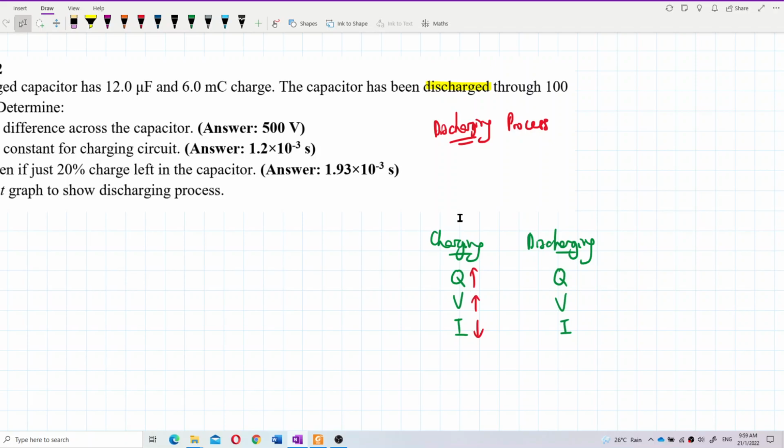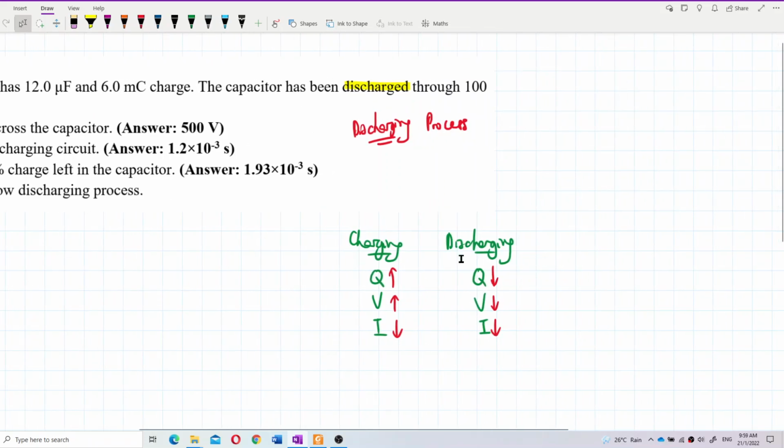In the discharging process, all will go down. Current, no matter charging or discharging, is the only one that will always go down. Because of going up or going down, we can know which formula to use.